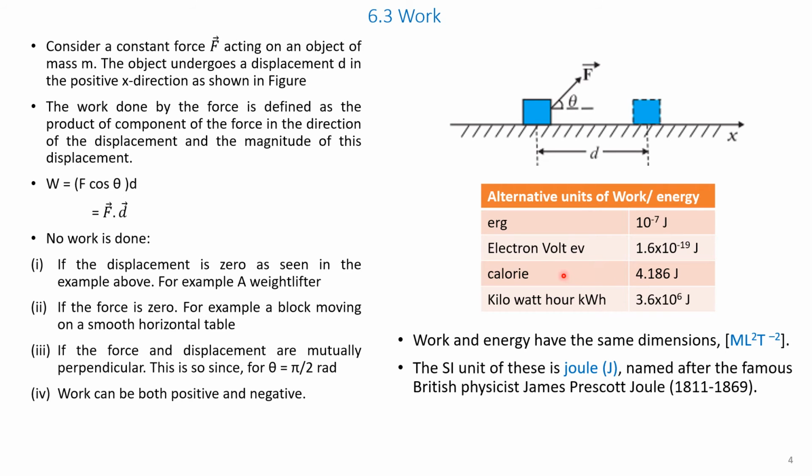The calorie is used for heat, and one calorie is 4.186 joules. Similarly, in electrical energy, we have the kilowatt hour, represented by kWh, which is equal to 3.6 times 10 to the power of 6 joules.